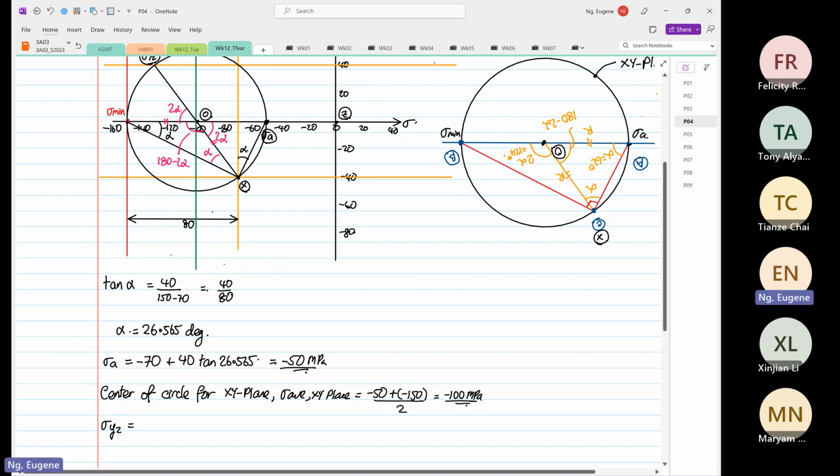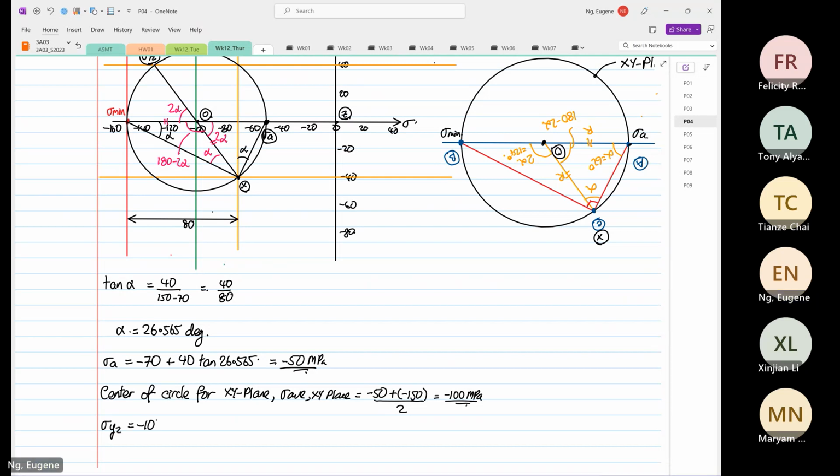will be equal to minus 100 minus. So if tangent 2 alpha is equal to y over x, x is the distance that we want.